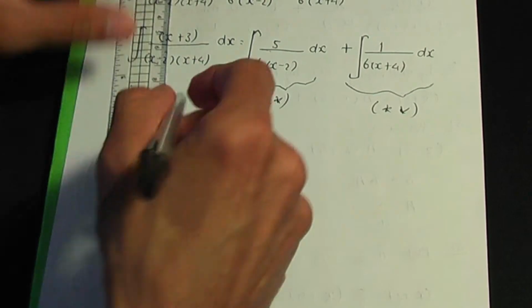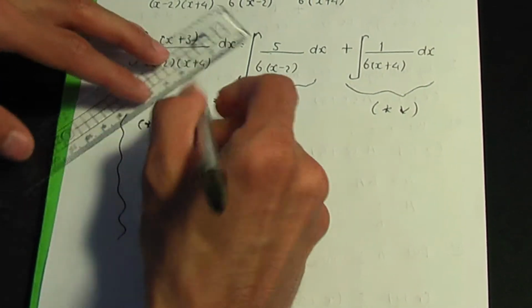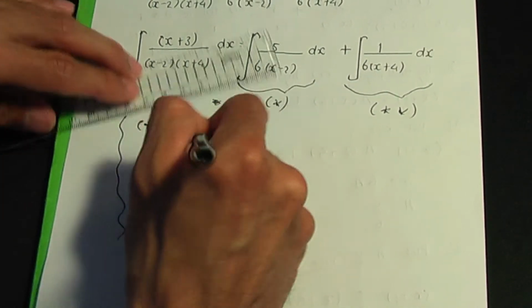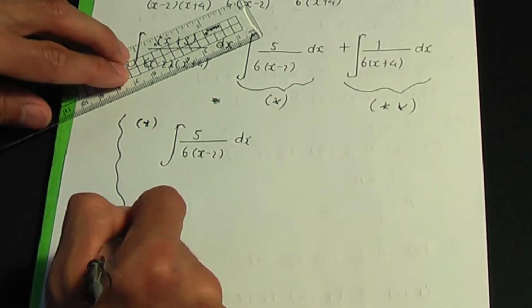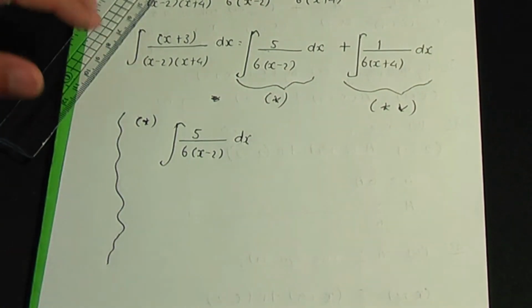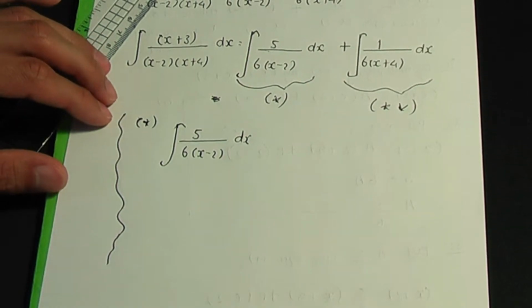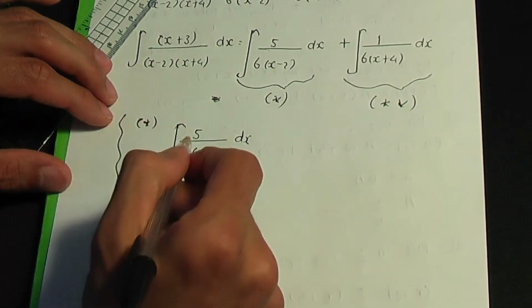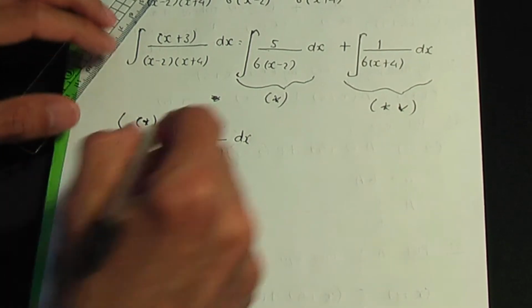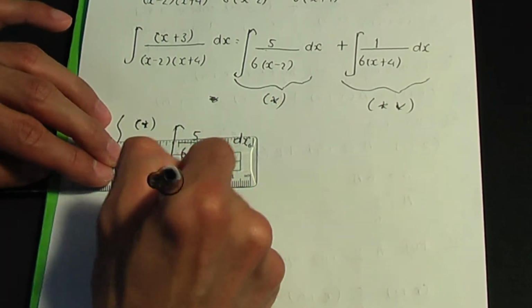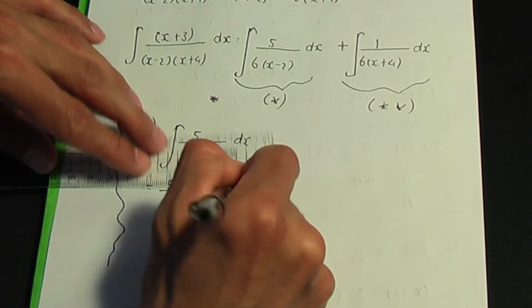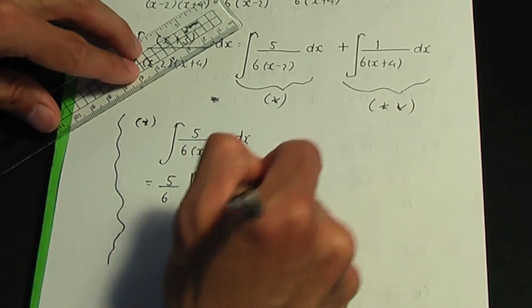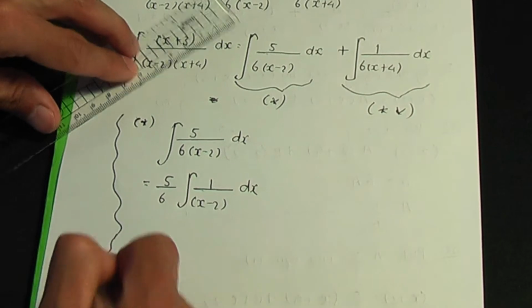So for star, we're integrating 5 over 6 times x minus 2 with respect to x. Let me take the 5/6 as a common factor outside the integration sign, leaving me with 1 over x minus 2 inside my integral.